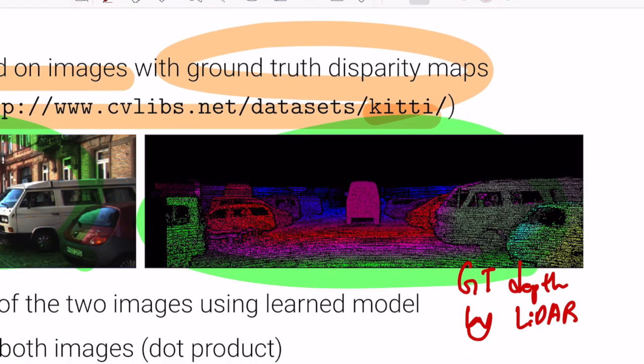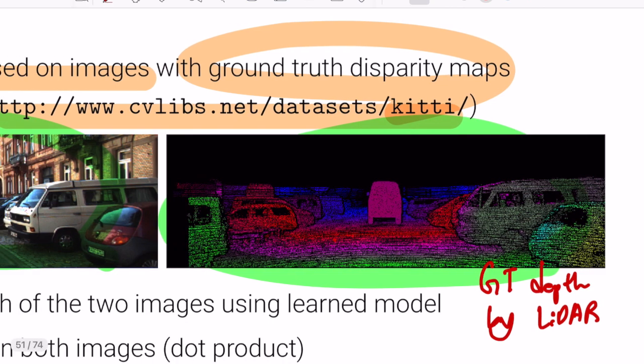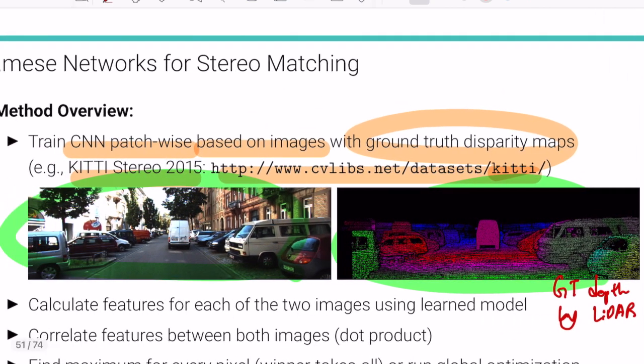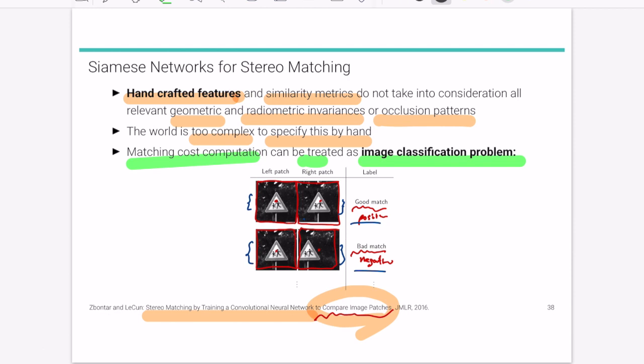Even though this is colored, visualized with some color scale, this is kind of a grayscale value. This map represents, for example, that this pixel moves 5 pixels, or this pixel moves 10 pixels, or something like that. So this is ground truth data. Then we define such training data to train the matching network.